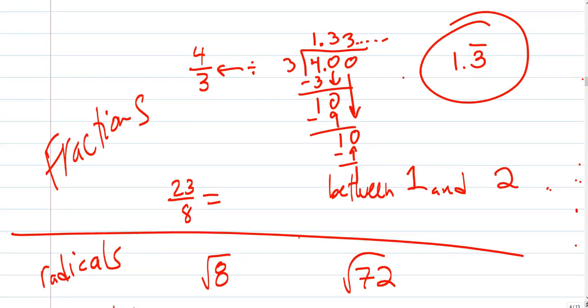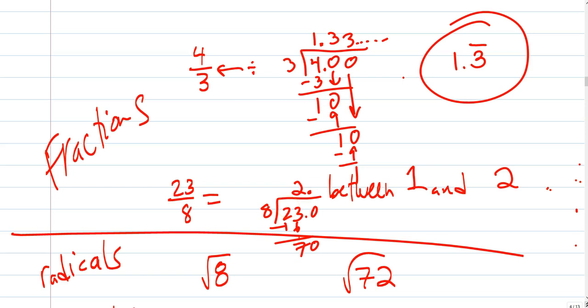What about 23/8? Take 23 divided by 8. How many times does 8 go into 23? 8, 16, 24 would be too big. So 8 times 2, take it away, leaves us with 7. I could keep going. How about 8 into 70? 8 times 9 is 72.